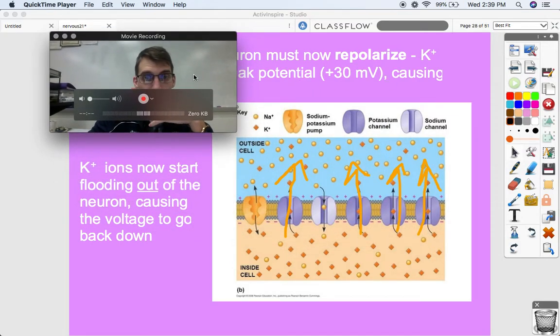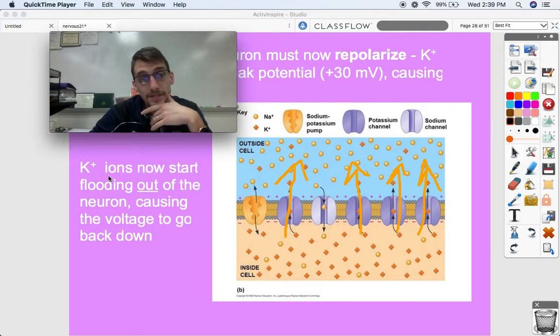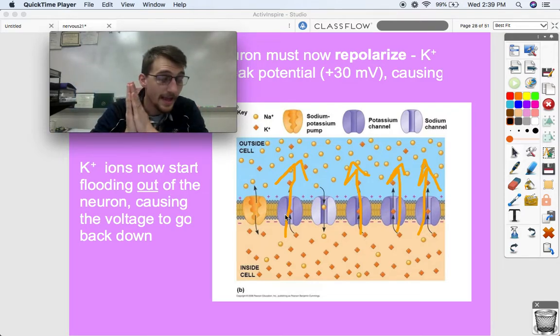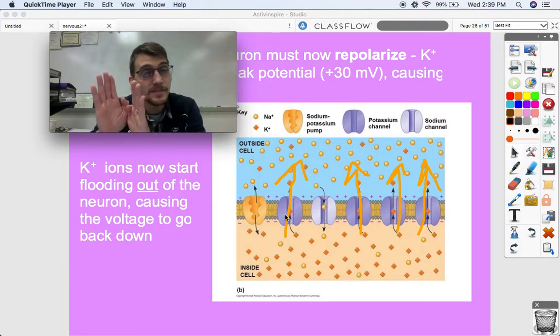The reverse is happening now. Potassium ions start flooding out of the neuron, causing the voltage to go back down. Our sodium channels opened up, the sodium rushed in. Now the sodium channels are closed. The door for sodium is now closed, and the door for potassium is open.